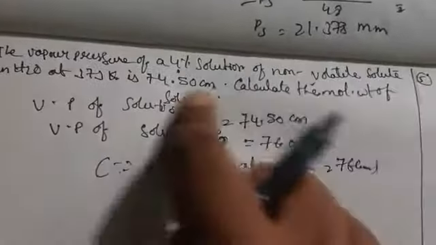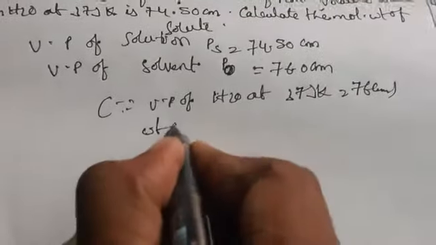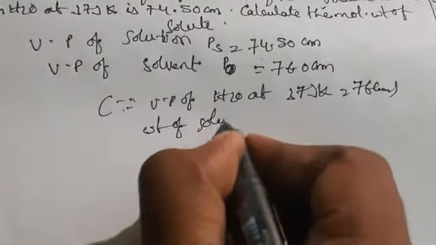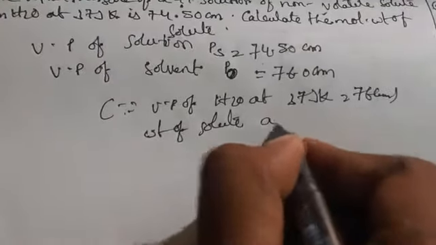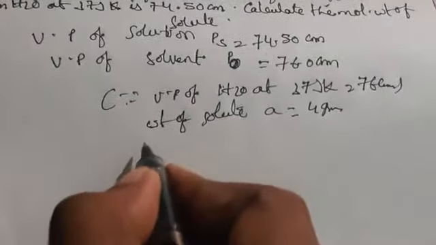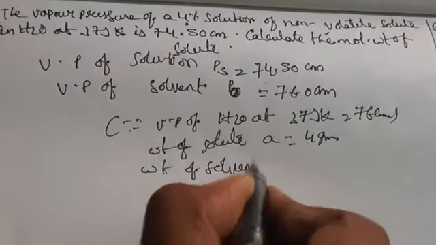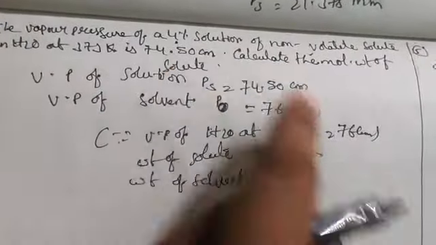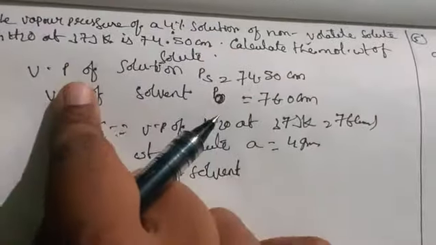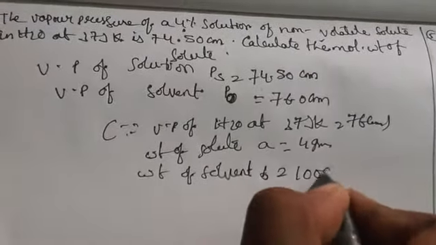Now what is the weight he has given for the solute? 4 grams. Weight of solute, that is A, is equal to 4 grams. And what is the weight of the solvent? Here 4% is given, 4 grams. For the H2O solvent it will be 100 grams.